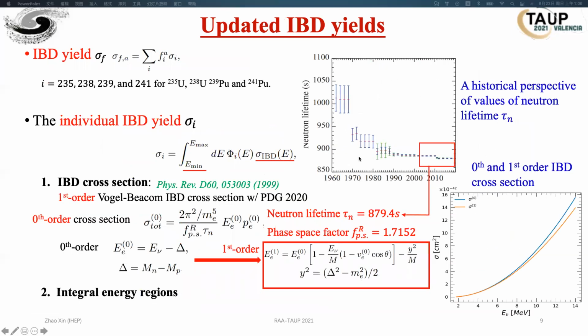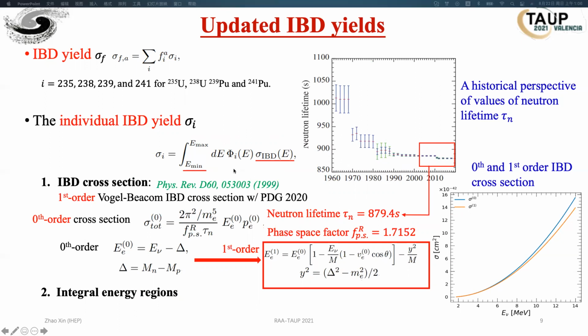Reactor event rates are usually expressed as a physical quantity called the IBD yield, also known as cross-section per fission, which is the integral of the product of the IBD cross-section and the neutrino spectrum. And we can say there are two main reasons that affect the value of the IBD yields.